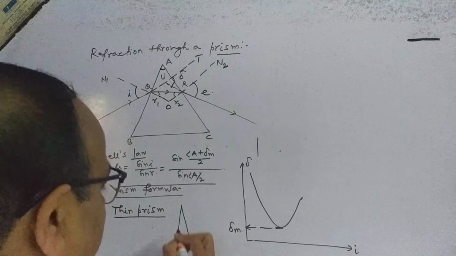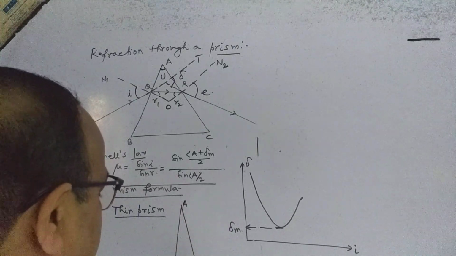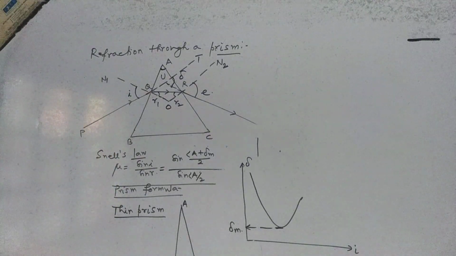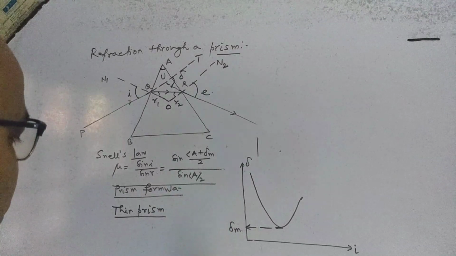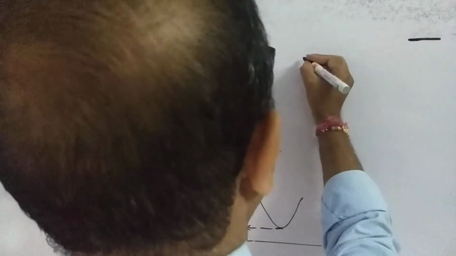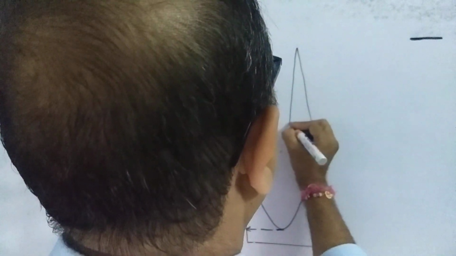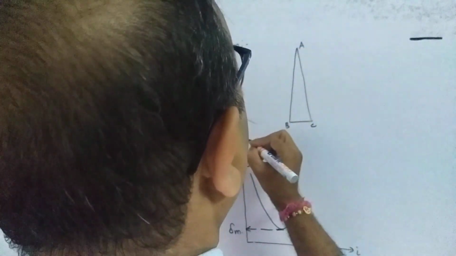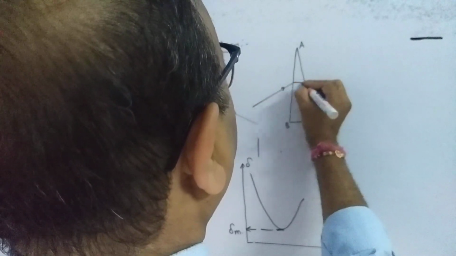The prism is very thin, which means the angle of the prism will be very small. Sorry, I am showing a thin prism here. This is the thin prism, A, B, C. And what will happen? Obviously it will be like this.